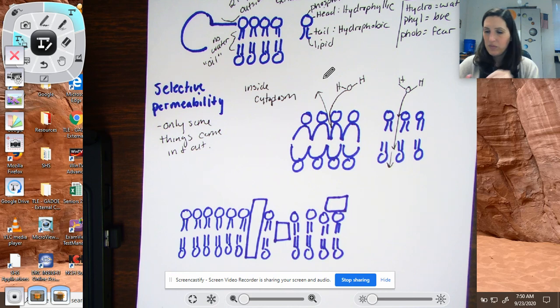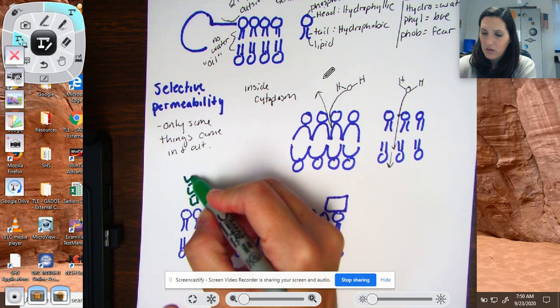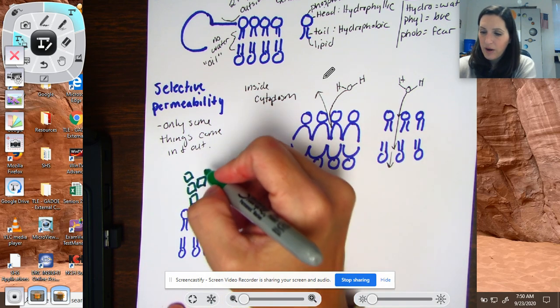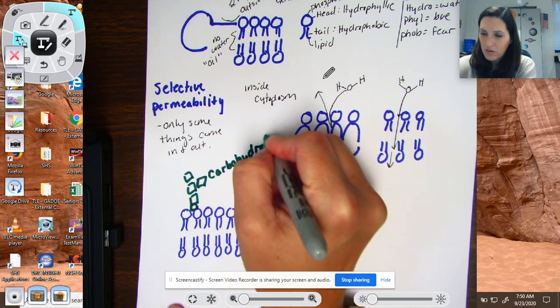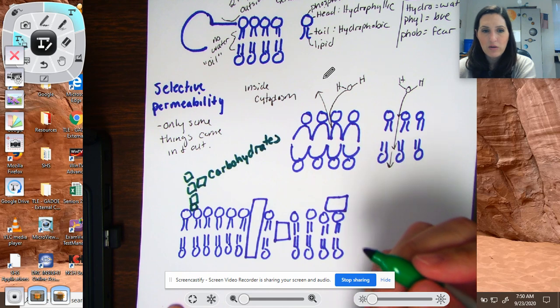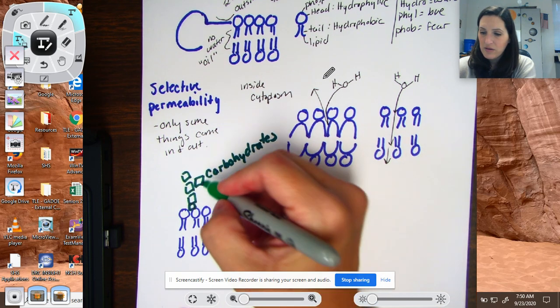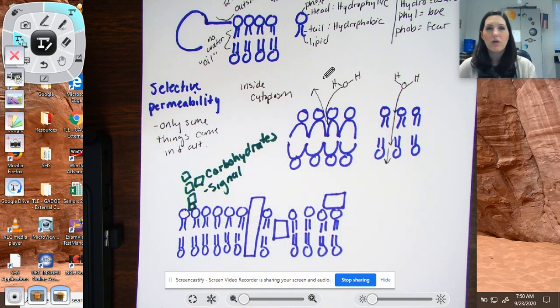So first of all, these are carbohydrates, which you remember in your macromolecules, carbohydrates are your sugars. This one is a signal, and he's going to help in cell communication.